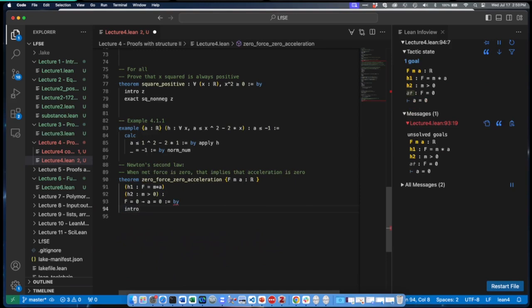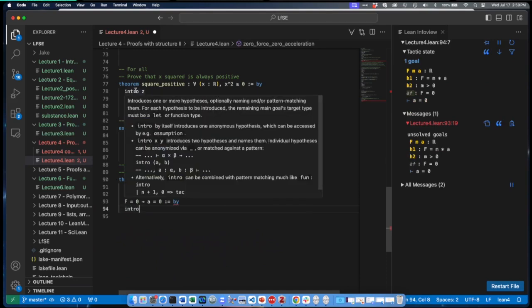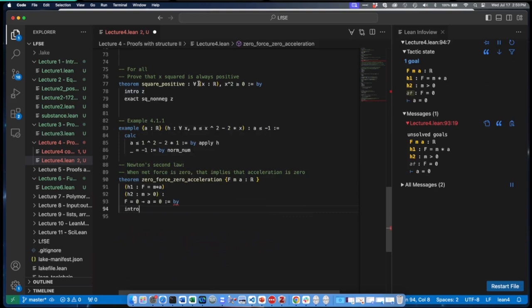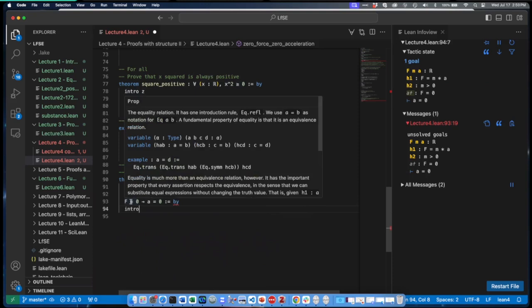Intro does exactly the same thing. Okay. We used intro with the for all statement to move x into the assumption here. We're using intro on this implication statement to move the left side of the implication into the assumptions.